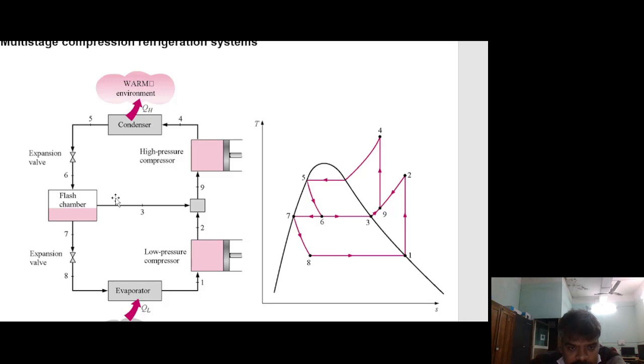During expansion some liquid gets converted into vapor, and that vapor is not useful in the refrigeration process in the evaporator, so that vapor cannot take the heat. That's why it is removed in the flash chamber and supplied to the compressor, so that the burden of vapor on the evaporator is less.